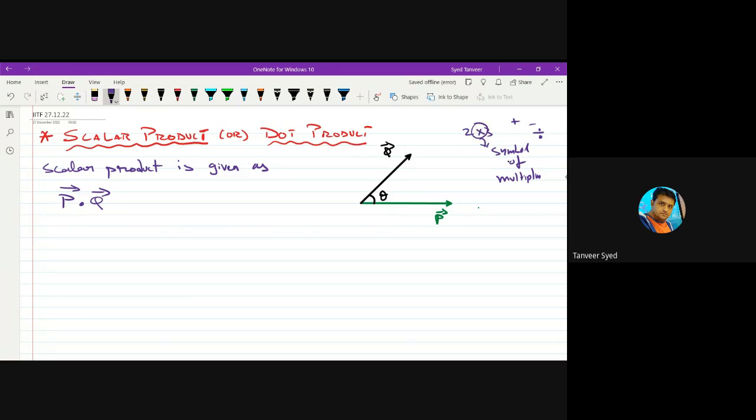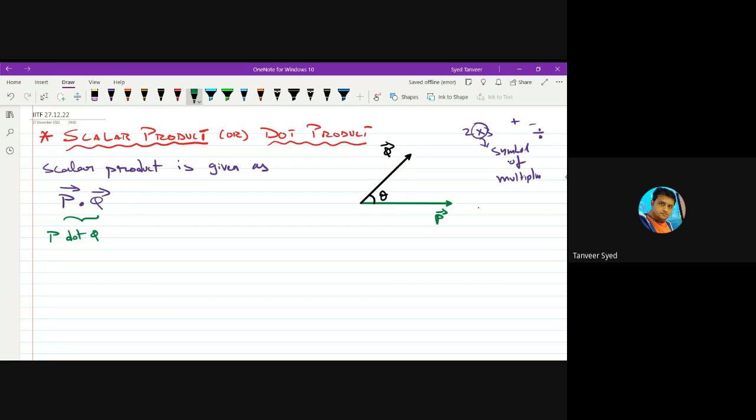Here, to represent that it is a special multiplication, multiplication of vectors, that is scalar product of vectors, we are putting a dot between P and Q. P dot Q. And you don't read this as P into Q. You read this as P dot Q. Not P into Q. It is P dot Q. That's why its another name is dot product.